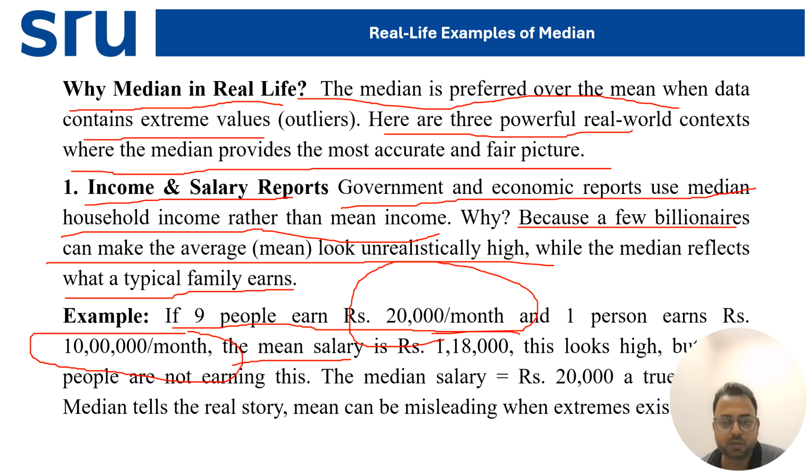Most of the people are earning 20,000 per month. So here we can see that mean is not giving the real picture of this data. Here median is giving a true value, 20,000 per month.